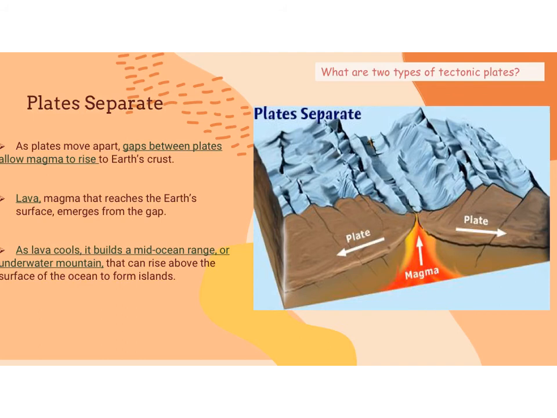Lava, which is the magma that reaches the Earth's surface, will emerge from this gap, and this sometimes causes what we call volcanic eruptions. As the lava cools down, it builds a mid-oceanic ridge, for example, an underwater mountain.